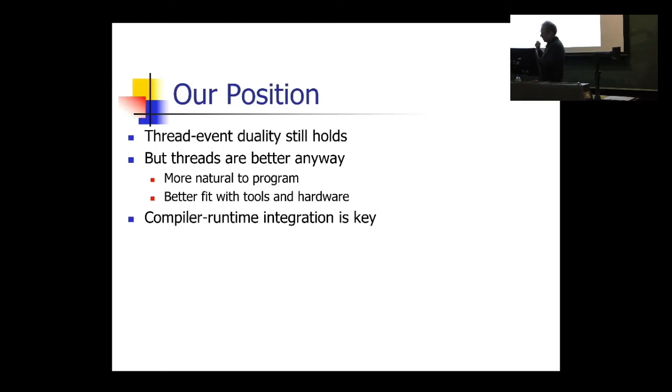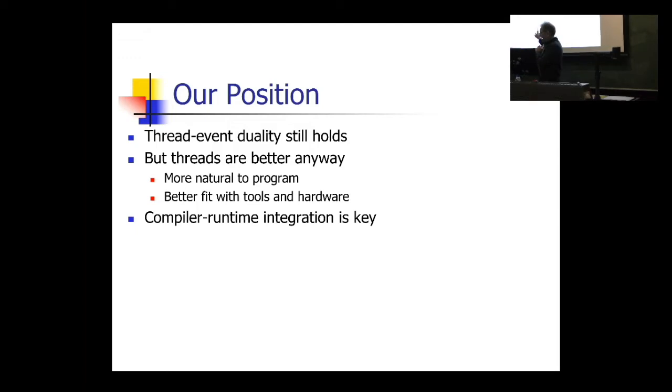I'll introduce the details of that in a moment. They're arguing that the two are largely the same, but that threads are better because they're more natural to program, and they're a better fit with current tools and hardware.